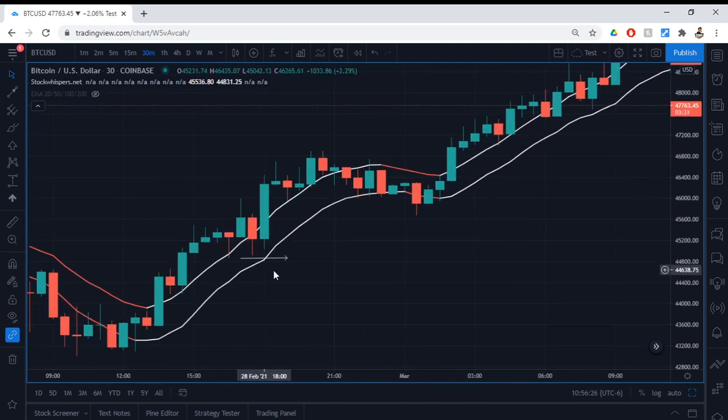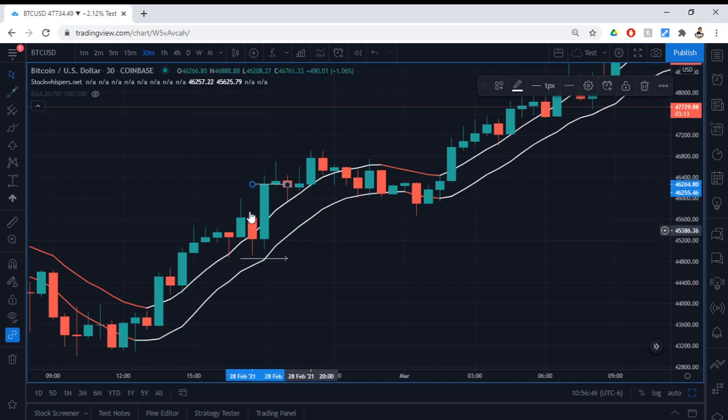So if you got stopped out, that's because your entry was wrong. It was not the best entry. So you see here, you got stopped out because you thought, okay, this is the bottom. You're going to enter here because you think this is the bottom.